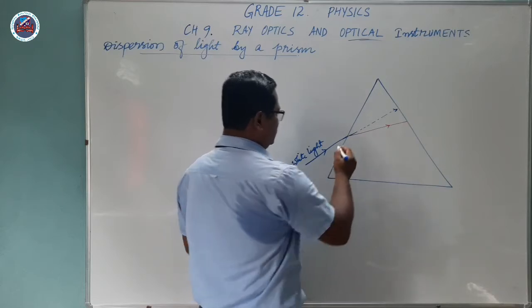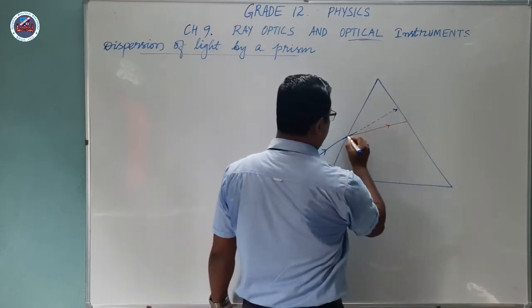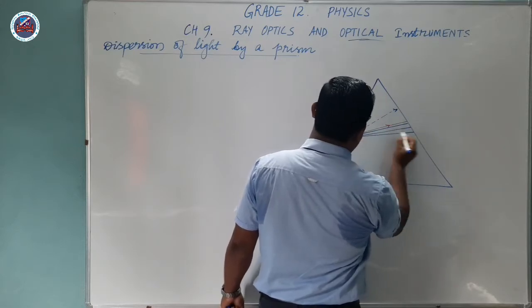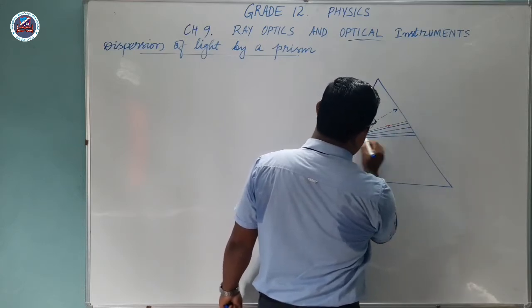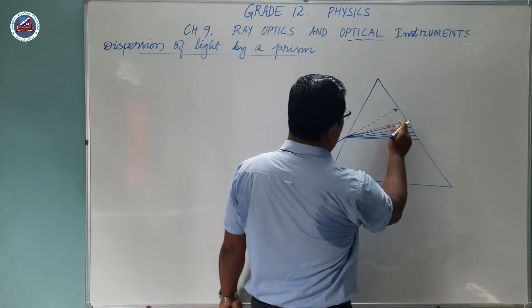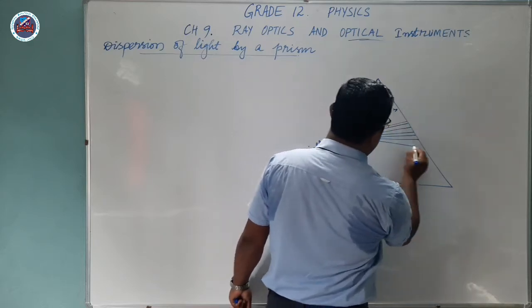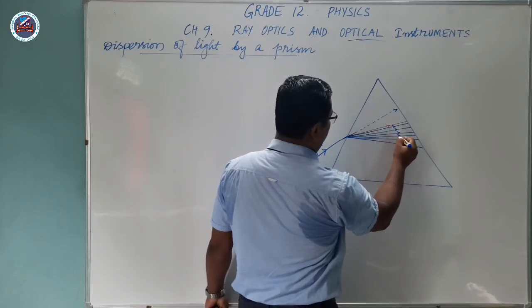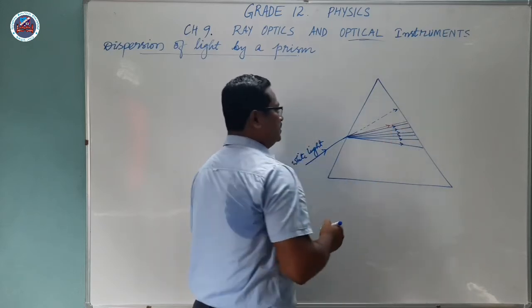And the other colors, this is the red color will be at the top. 2, 3, 4, 5, 6, and this is the last one, that is 7. So these 7 colors, they will get dispersed.